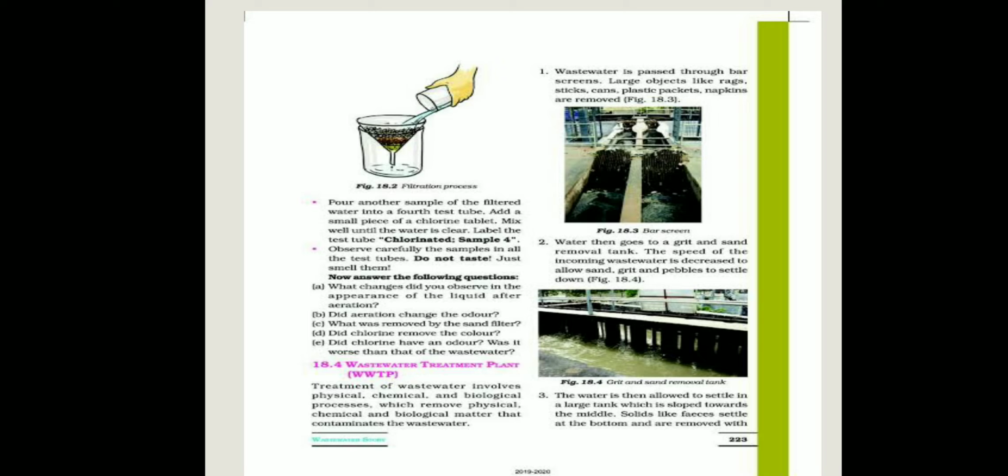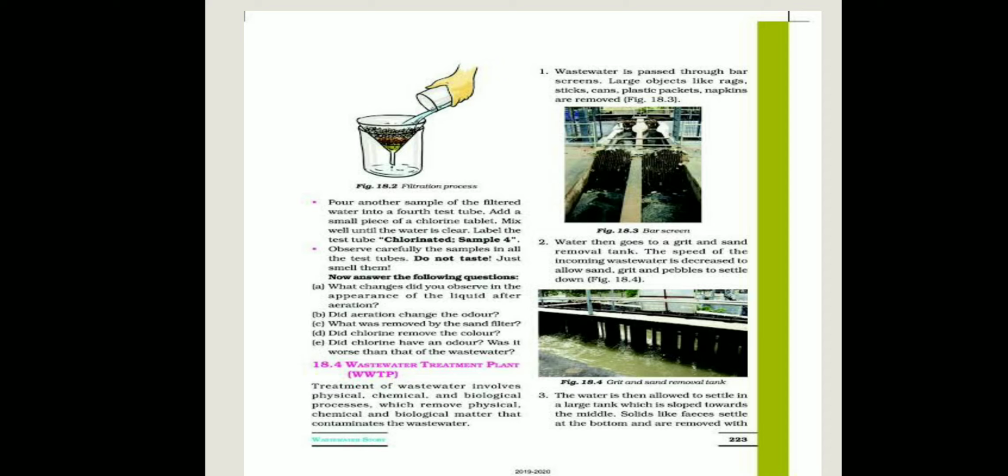Treatment of wastewater involves physical, chemical and biological processes which remove physical, chemical and biological matter that contaminate the wastewater. Now we can learn different steps involved in wastewater treatment.